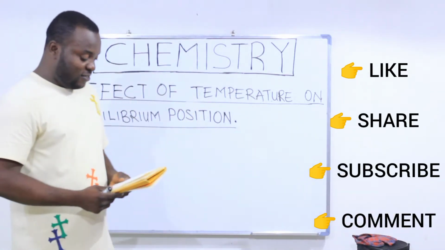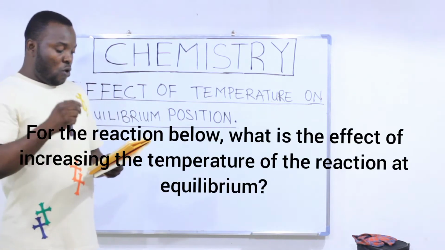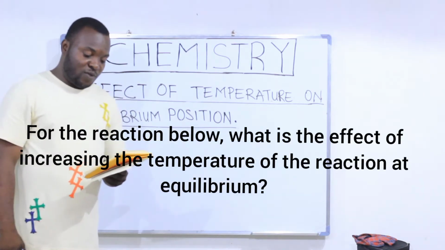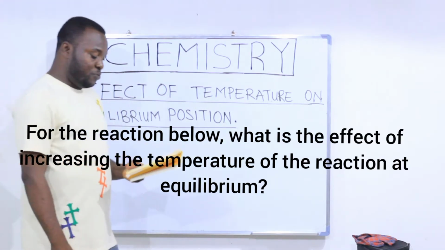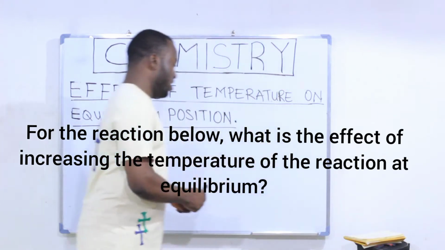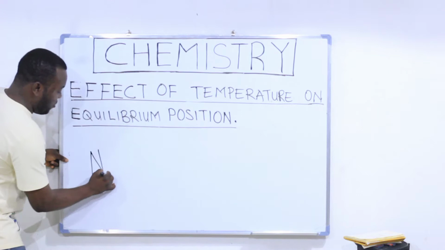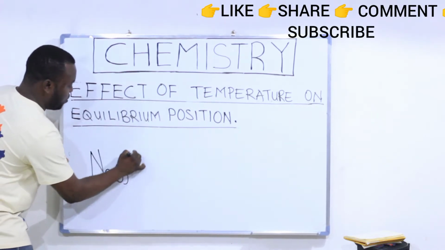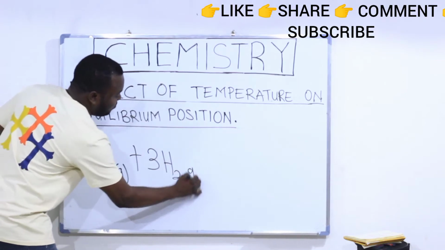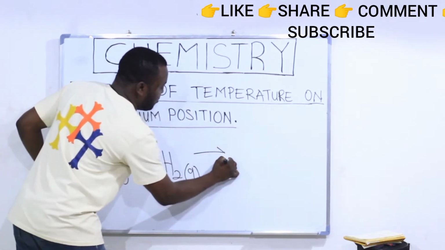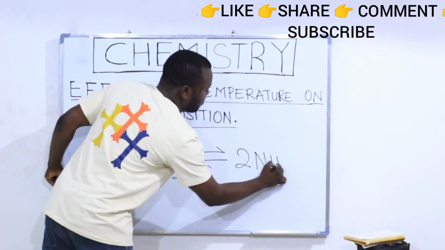The question says, for the reaction below, what is the effect of increasing the temperature of the reaction at equilibrium? And the reaction given to us here says nitrogen gas plus 3 moles of hydrogen gas produces 2 moles of ammonia gas.